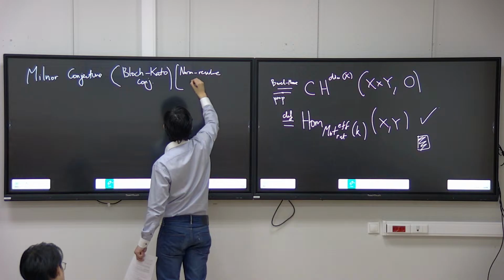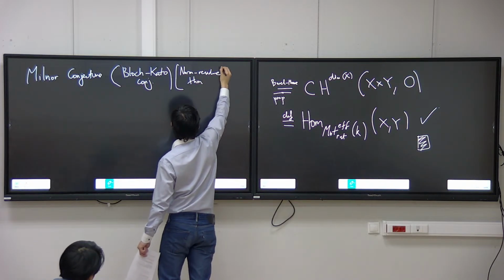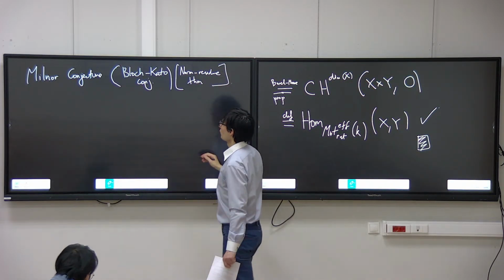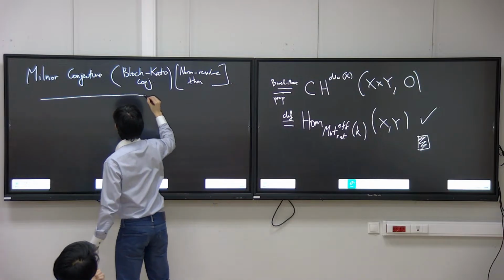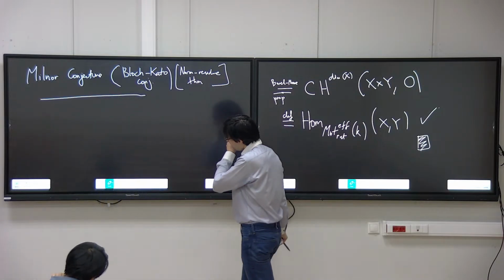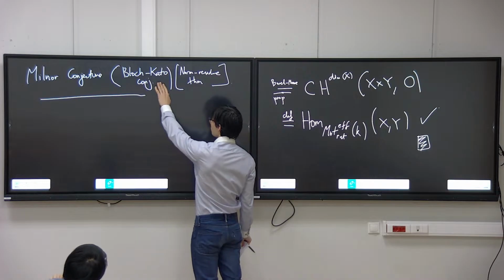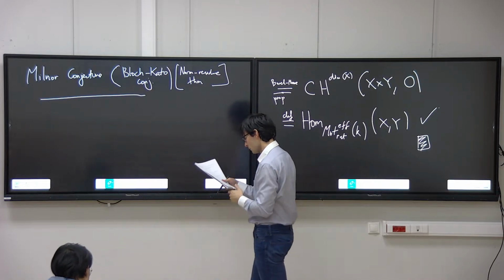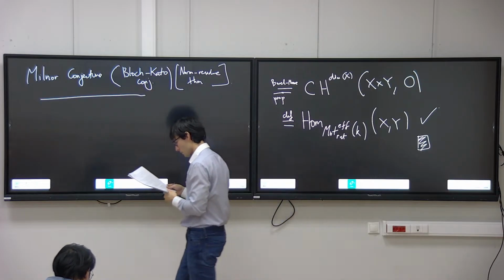This is to avoid possible confusion with the Bloch-Kato conjecture for special values of L-functions, which is another conjecture.